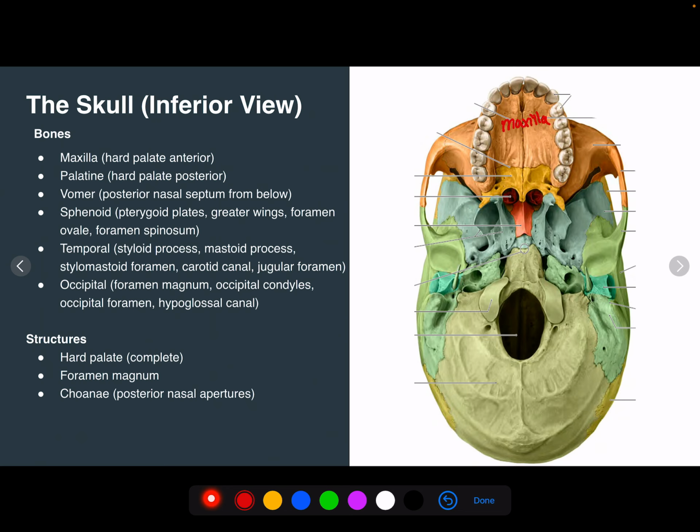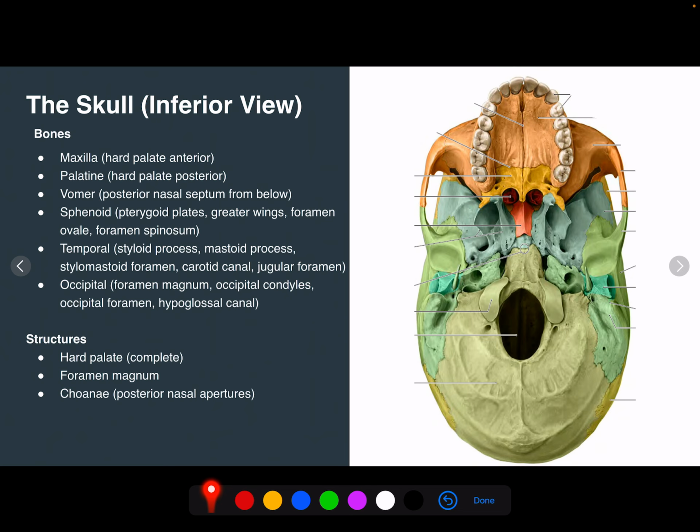This is our palatine. This is anterior, this is posterior. So maxilla forms the anterior portion of the hard palate, and palatine forms the posterior portion of the hard palate. Our vomer, which we can see right here, contributes to the posterior part of the nasal septum.